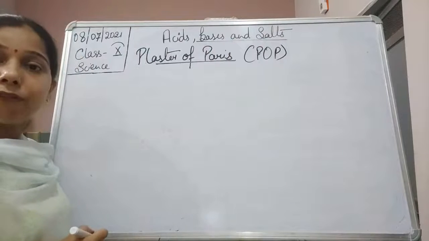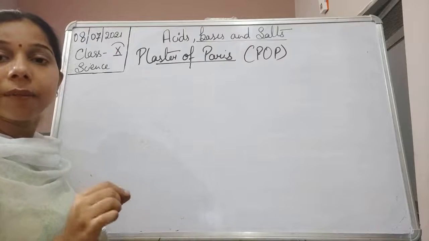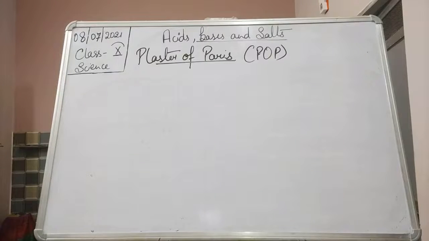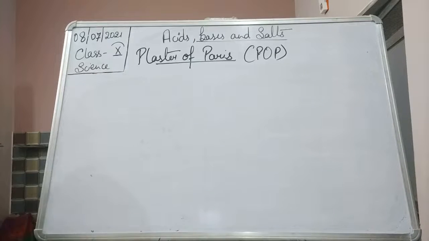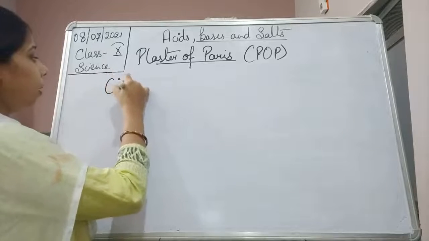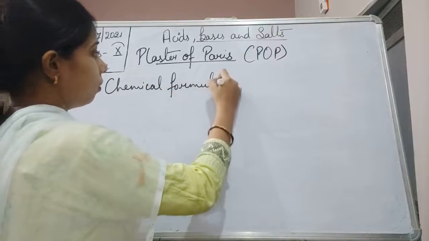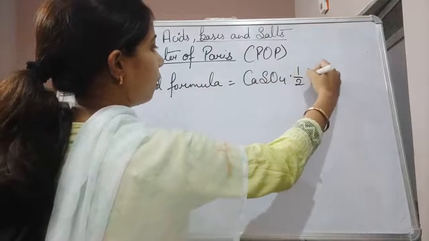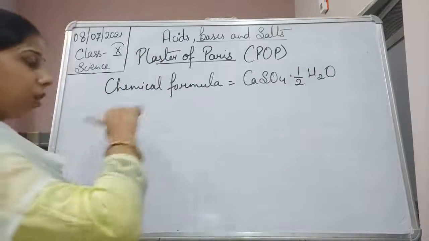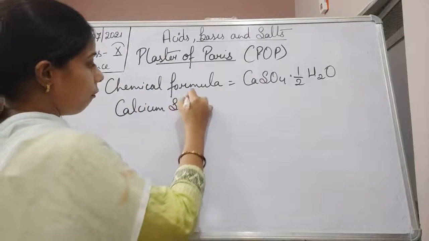The chemical formula of POP is calcium sulfate hemihydrate, CaSO4 dot half H2O.